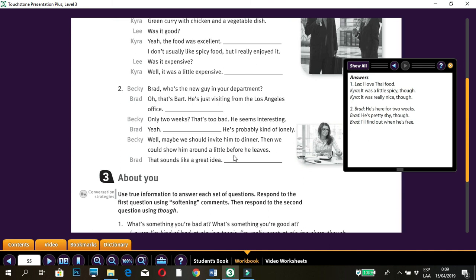Becky and Brad agree, except in this part where Becky thinks that Bart is interesting, and Brad says no, that he's pretty shy. So he's telling the opposite idea.